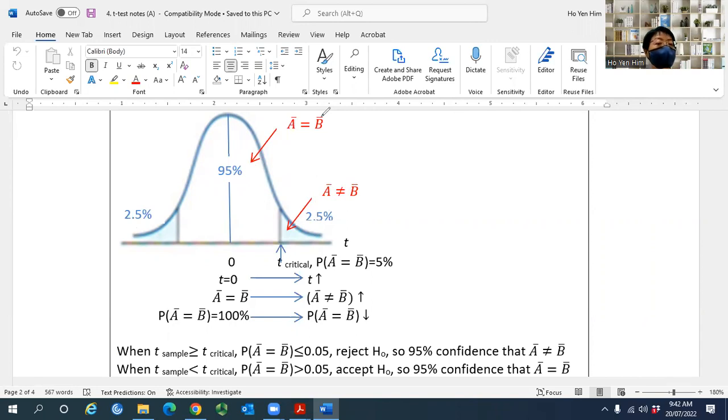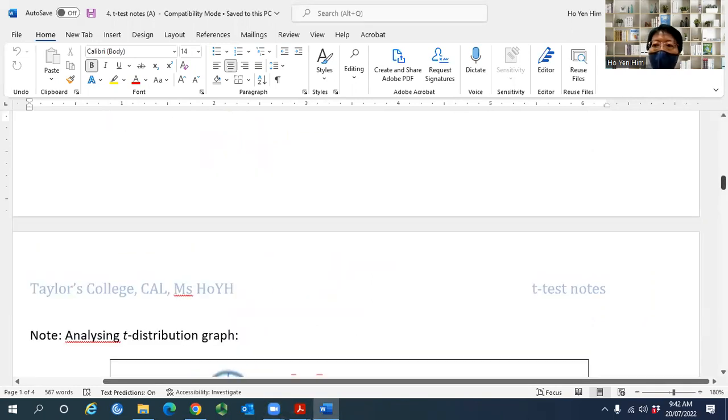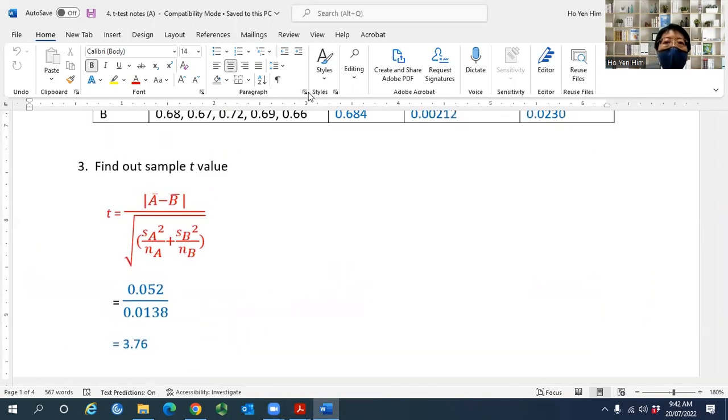Okay. Now, another thing I want to bring to your attention is when we calculate the t-value, do you see that we have placed these two bars across our calculation? That means we have already converted all the negative values to positive values, right? Because of that, we have to adjust the graph just now.